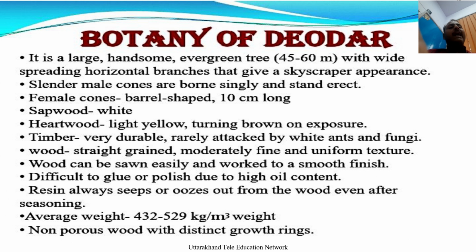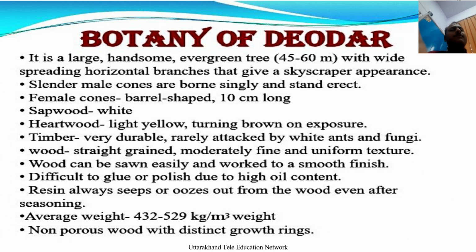But due to high oil content, it is difficult to glue or polish over its surface. So this is a demerit of Deodar timber. Resin always seeps or oozes out from the wood even after seasoning, mostly from knots, and this may be considered a demerit of this wood.